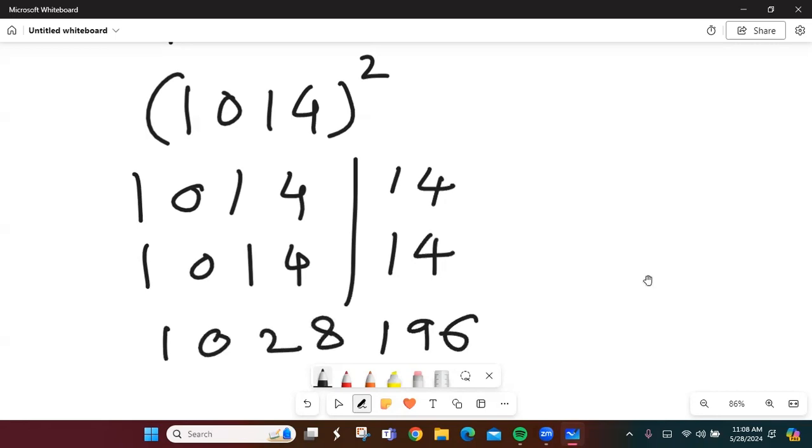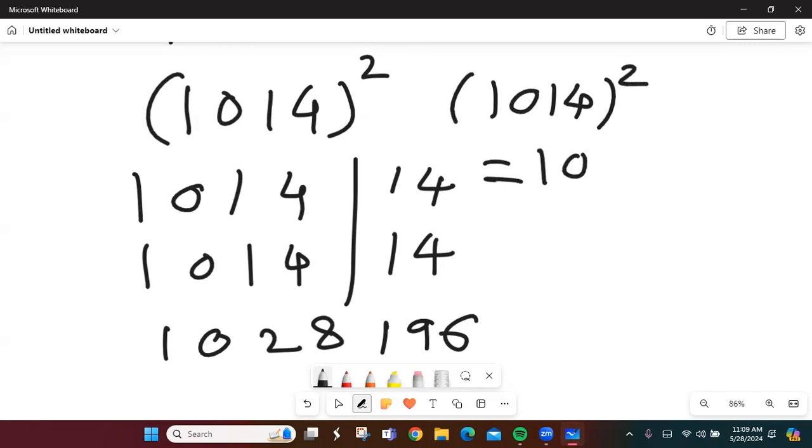And again, since I'm dealing with the base 1000, I'm not going to carry forward anything. So 1014 square is 1028196, which you can very well check.